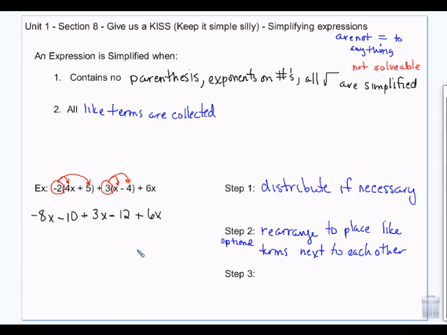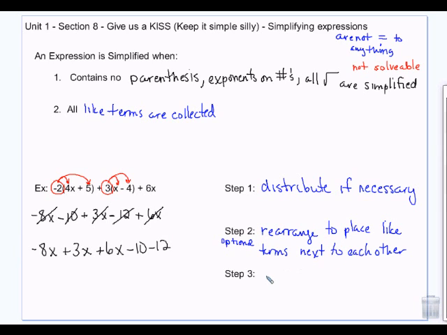I'm going to rearrange it, though, to make it more visually clear, but you can skip step 2. What I do when I rearrange it, I've got -8x. I cross them out as I go to make sure I get everything. I have a 3x, and I have a 6x. And then I have a -10 and a -12. If everything's crossed out, I know I accounted for everything and I'm good.